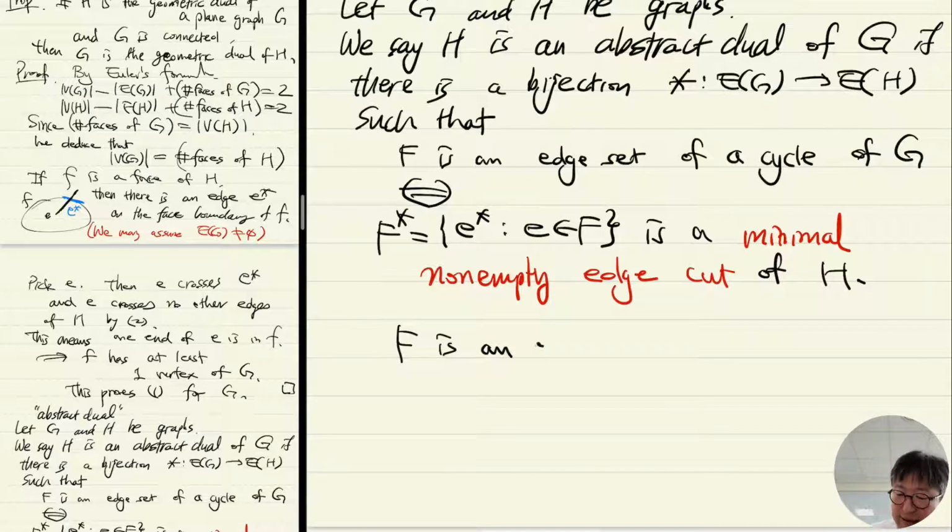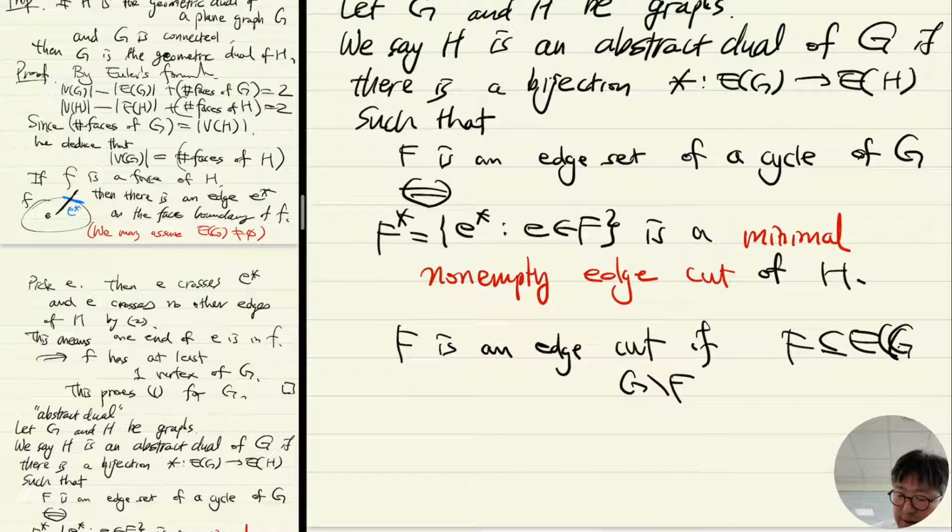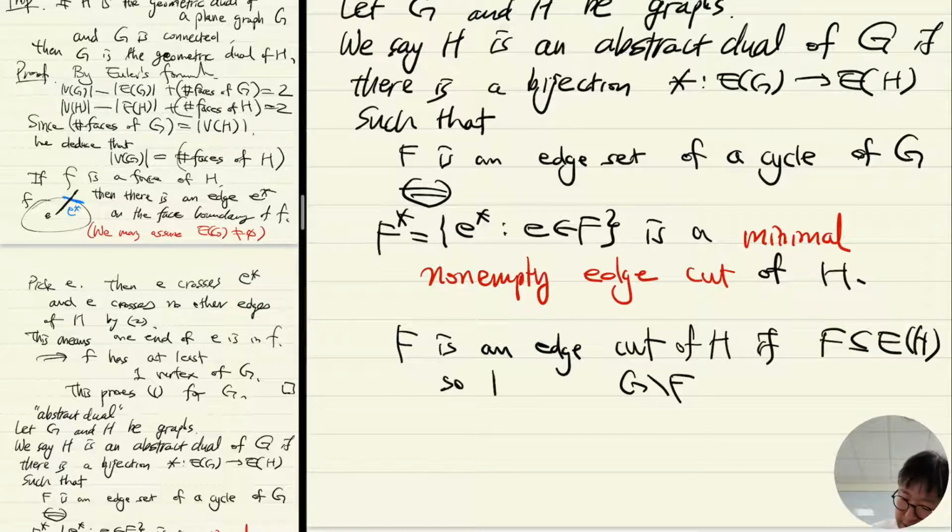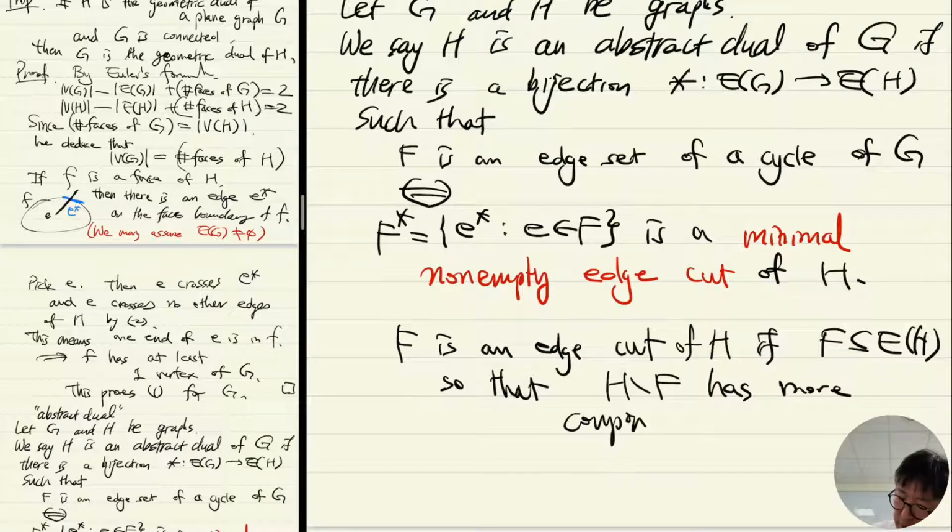F is a subset of edges, an edge cut of H, if H delete F has more components than H. Then we say F is an edge cut.